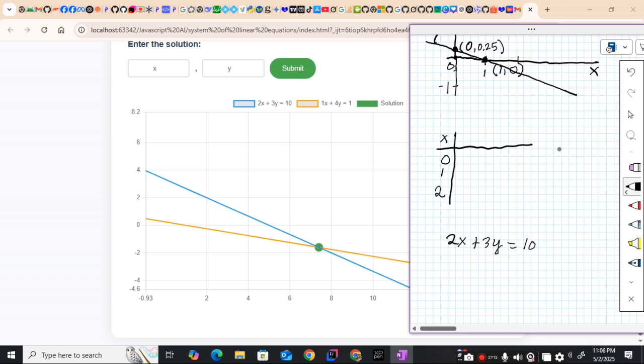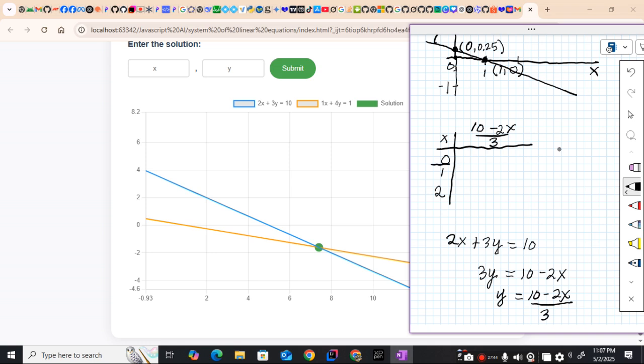Now we can modify this a little bit so that we move 2x to the other side, and then divide everything by 3. So y equals 10 minus 2x over 3.